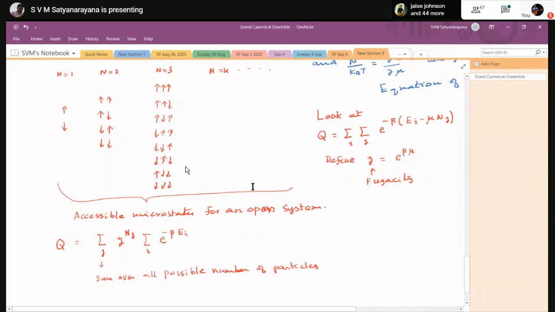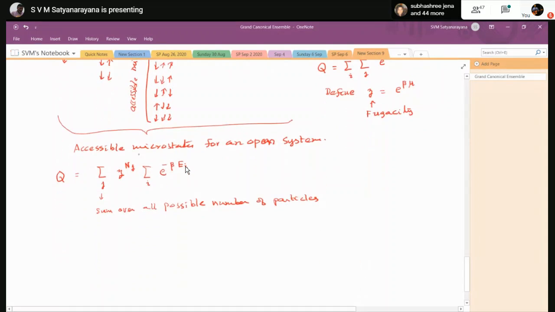Now if the number is fixed, then this entire region becomes accessible microstates for a canonical ensemble, as the number is fixed here. Because of that, I can write this summation in a slightly different way.